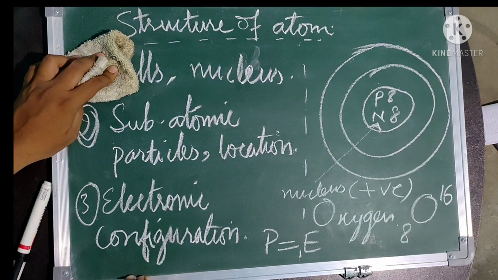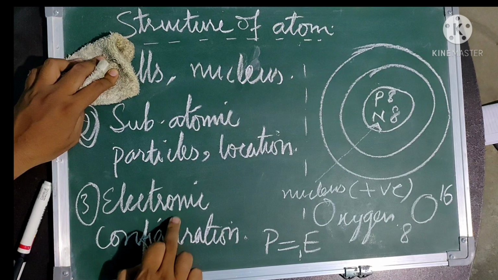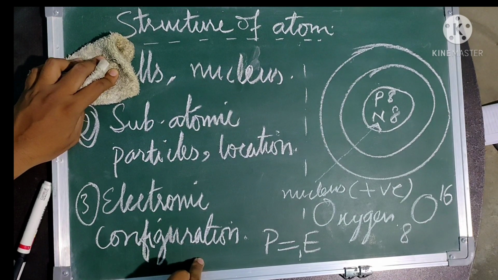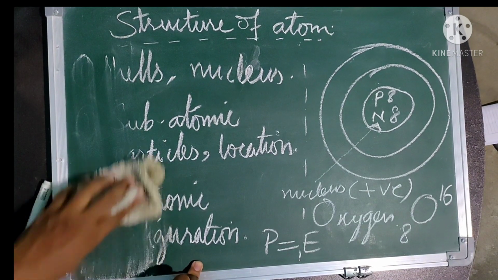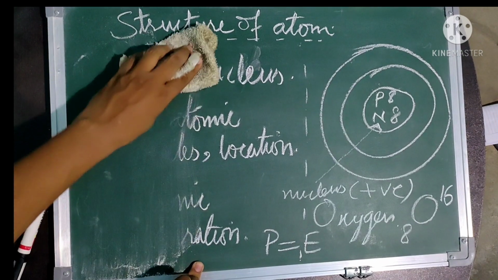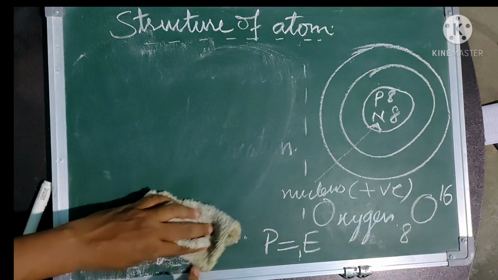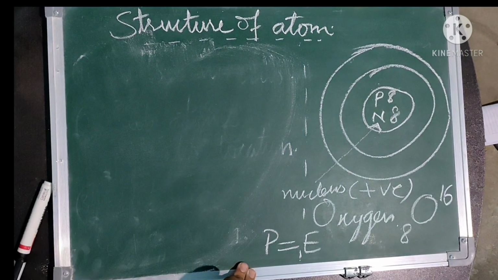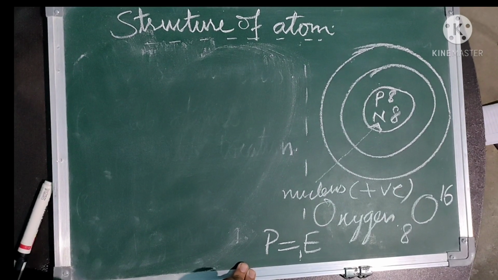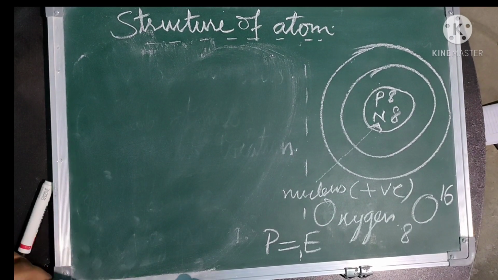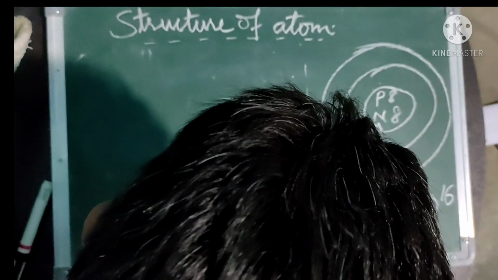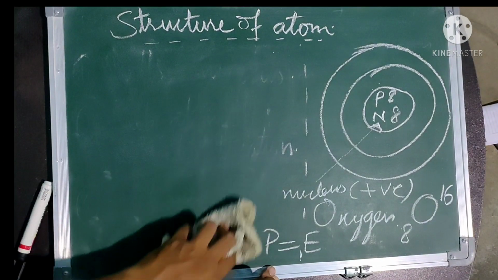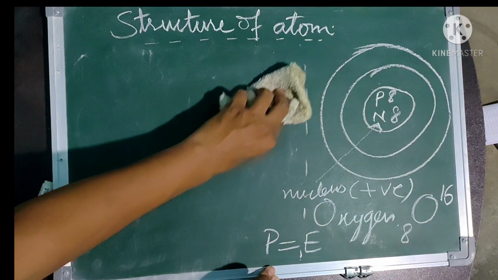So that formula gives us the electronic configuration of the elements. Let us now see the electronic configuration of oxygen.